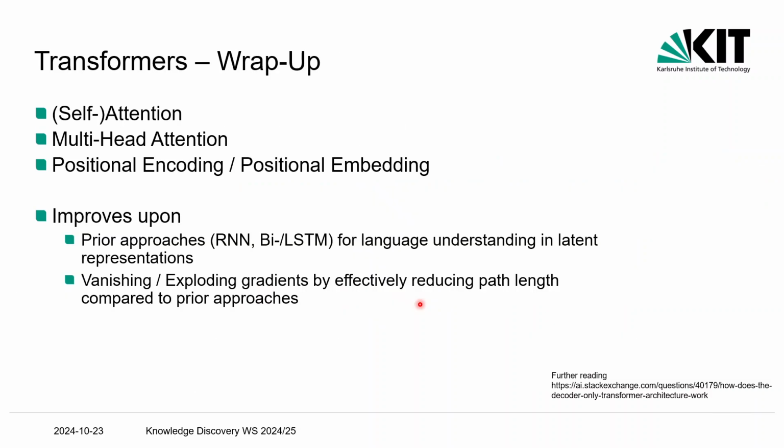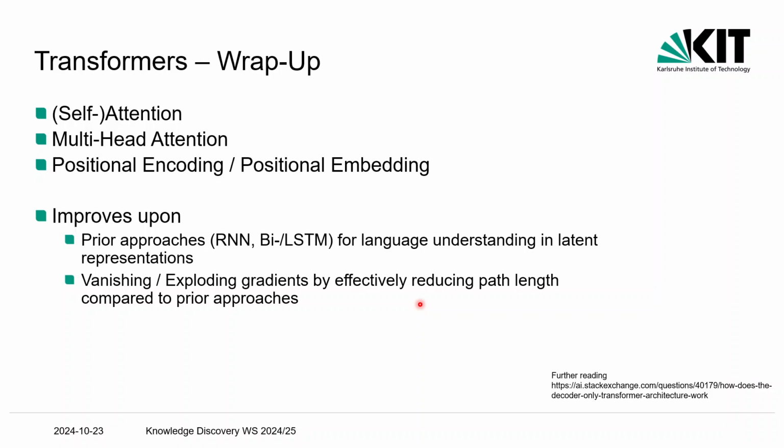So, as a wrap up, for transformers, what we saw today was self-attention and multi-head attention. We also saw positional encodings, or so-called positional embeddings. They're used pretty interchangeably, and they encode the position. The multi-head attention just splits the attention into different types of heads that we look at our input with.